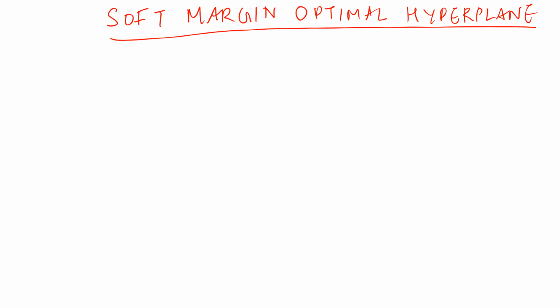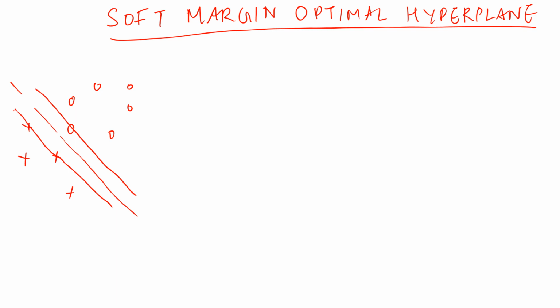Now, if we allow some data to penetrate through the margin, let me show you what I mean. Let's say this is my data. We know that the margins pass through the support vectors, and this is my hyperplane. If there was a point somewhere here, let's say, that lies this side, then this is non-separable, right? But what we can do here is allow it.